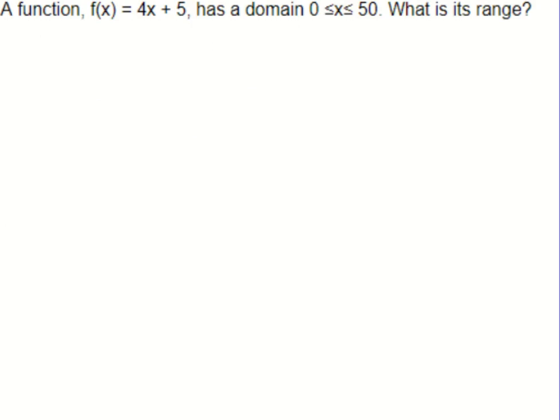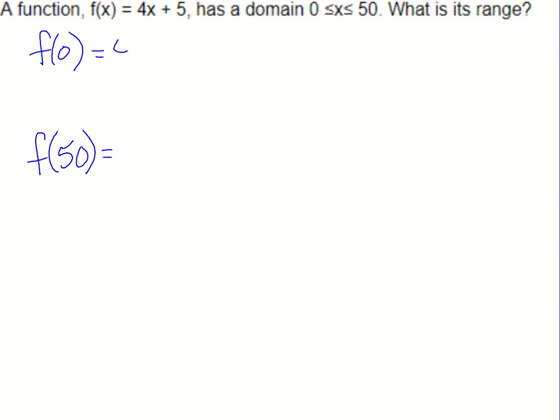All right, a function f of x equals 4x plus 5 has a domain of 0 to 50, positive. What is its range? So if we have a very specific domain, what can my x's be? The range would have to be based off this. So we're going to do the f of x at 0, and we'll do the f of x when it's 50, because that's the very first point and that's the very last point.